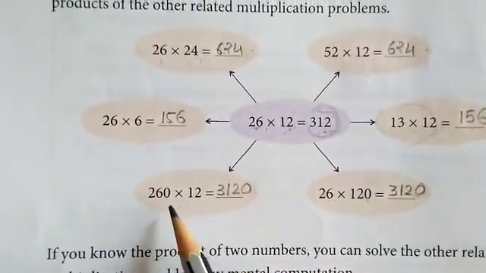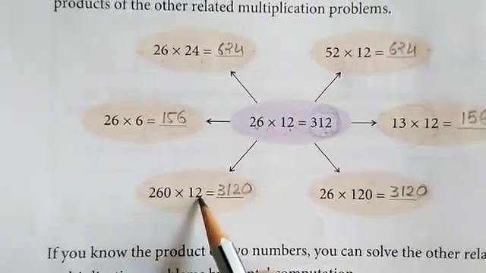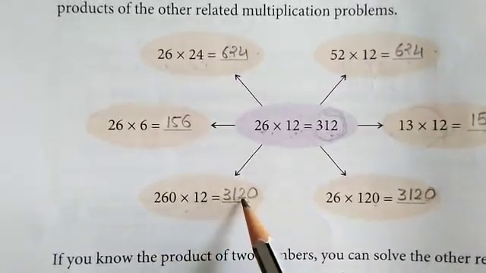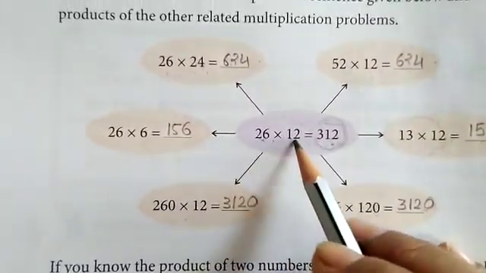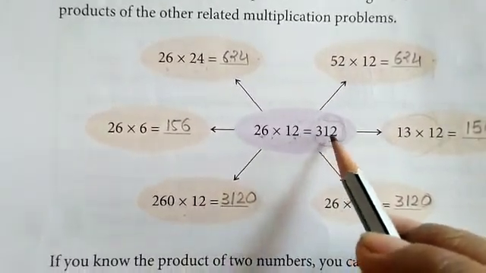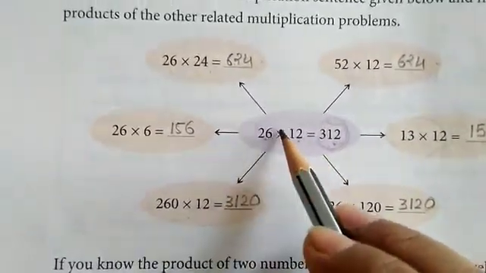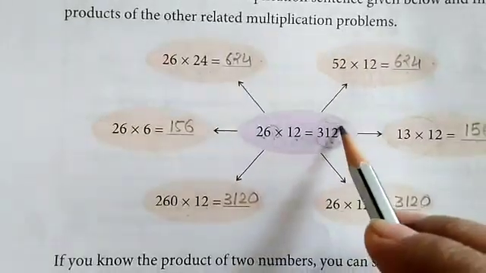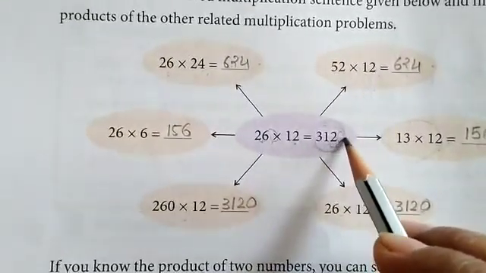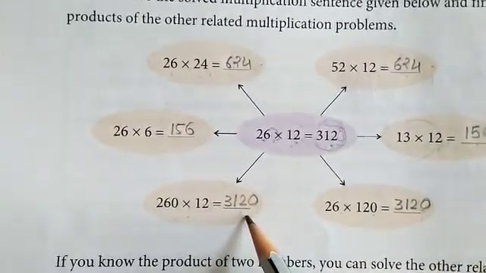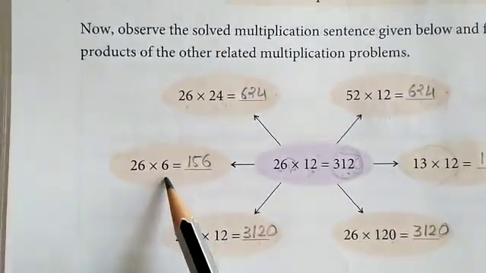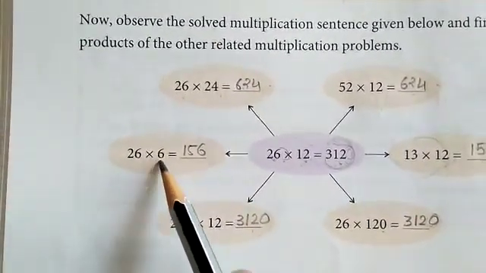Here 260 multiplied by 12 is equal to 3120. How? Simply these two numbers will be multiplied, the answer is 312, and if we are putting a 0 over here, in the product also we put a 0 and the answer will be 3120.